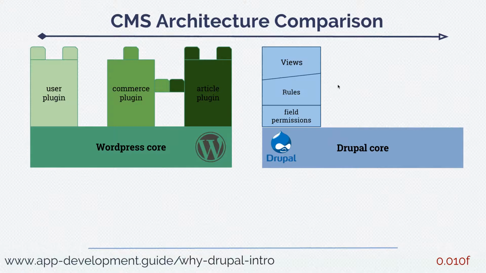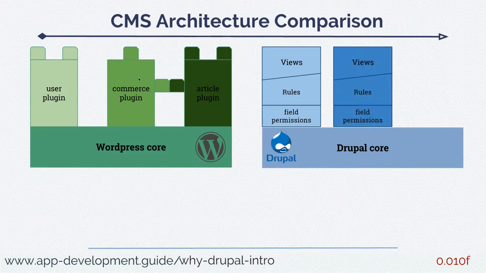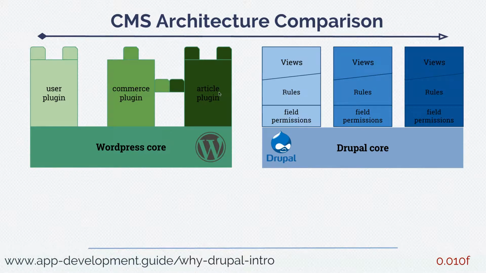And for the commerce plugin, you use the same base modules to get this functionality. And the same if you want to add additional features to your article: you don't have to install a different module that doesn't know about other modules, or that most likely doesn't work together with other modules or plugins. Here you use more generic modules to achieve that.